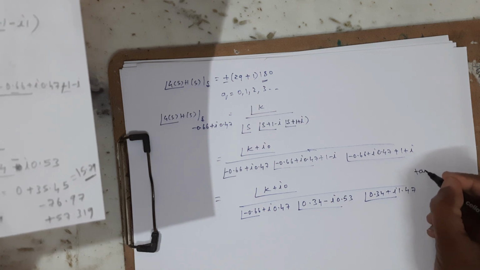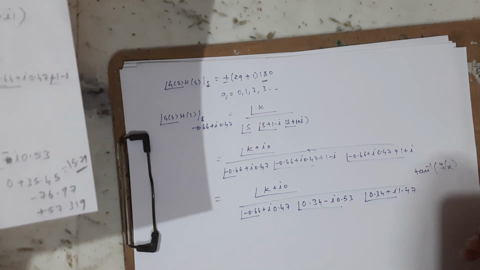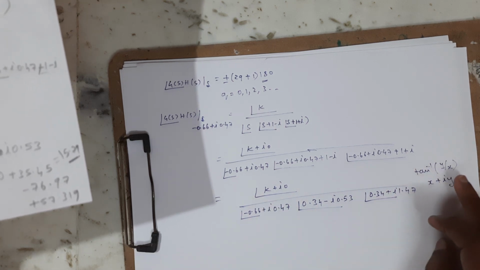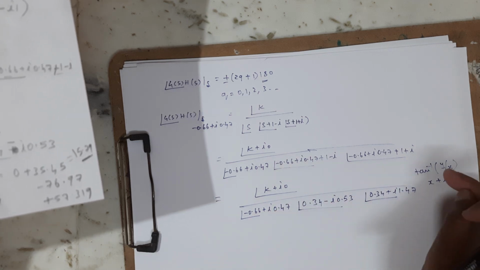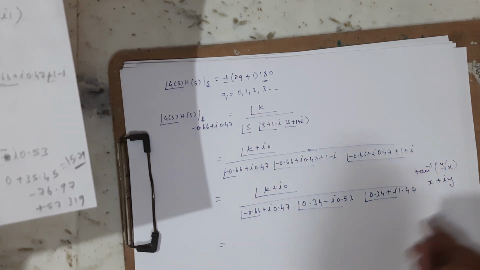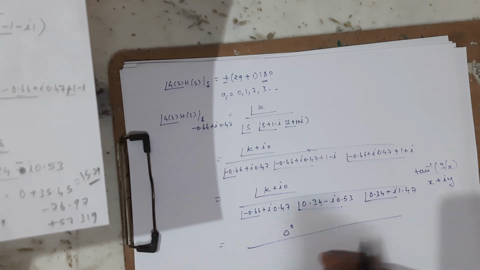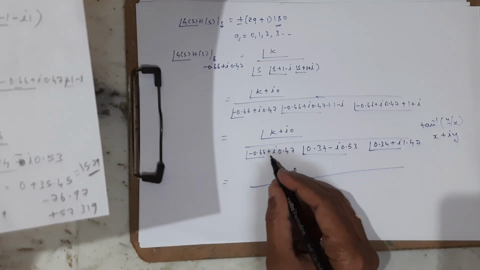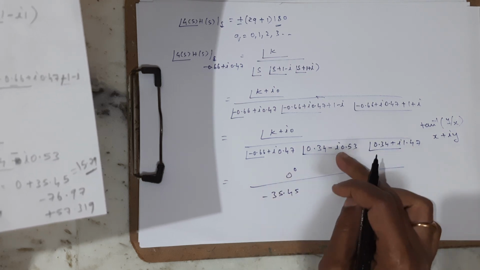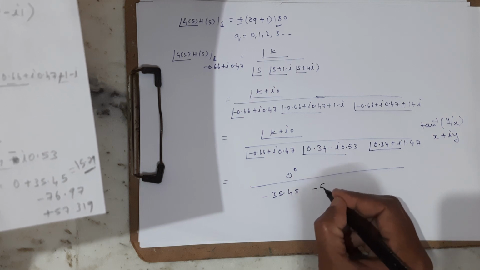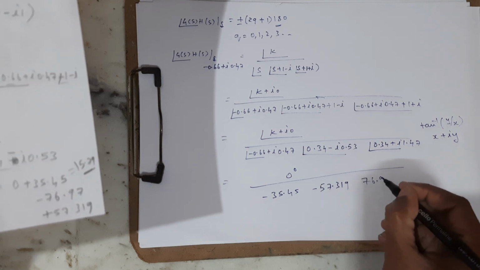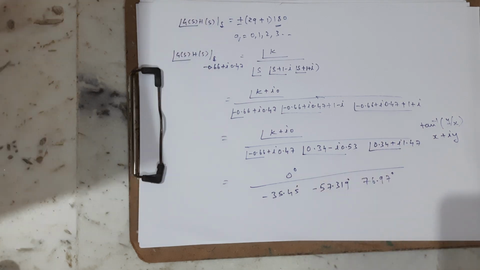So I am going to apply tan inverse of y by x. I know a complex number is represented as x plus iy. In the same way I need to find the angle of the transfer function, tan inverse of y by x for each term. So this will be 0 degrees, correct. Then this will be minus 35.45, and this will be minus 57.319. Next this will be 76.97 degrees. So these are the angles I got.